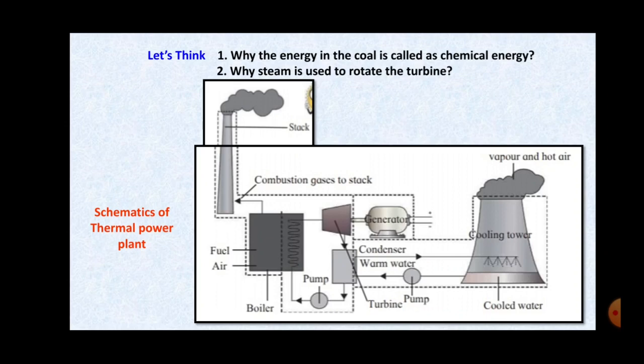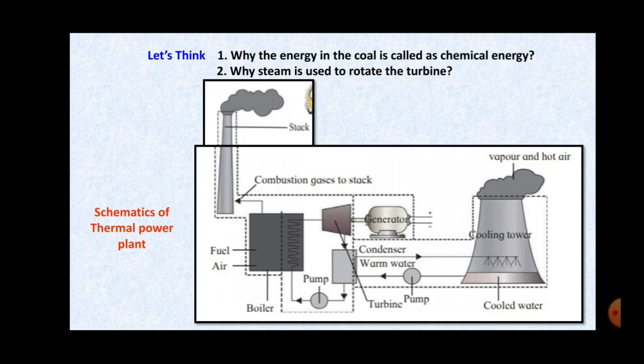Okay. So in the boiler, the water is heated with the help of the coal, right? The chemical energy is used to heat the water. The water is converted into steam, and in this heating of water, whatever gases are produced are released with the help of a very high chimney into the atmosphere.